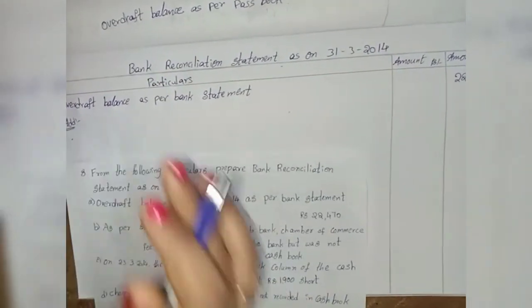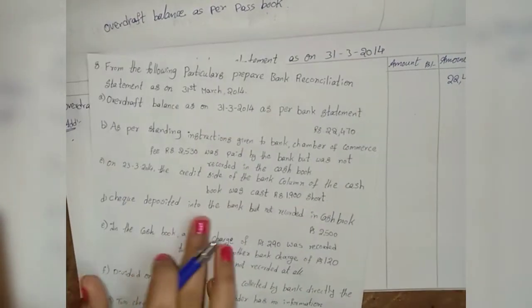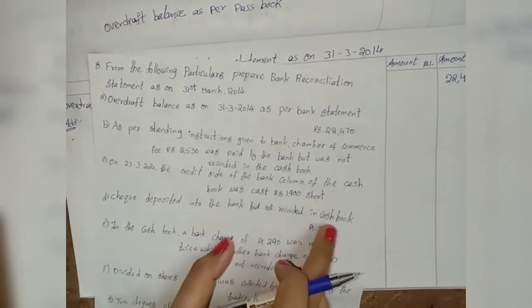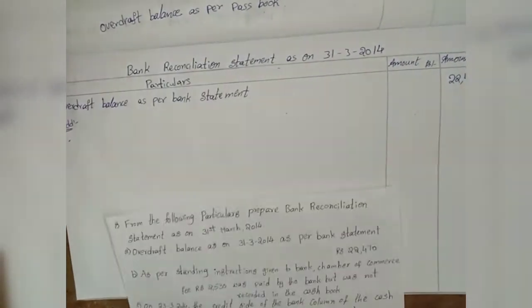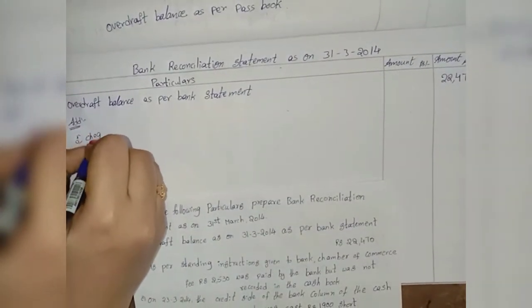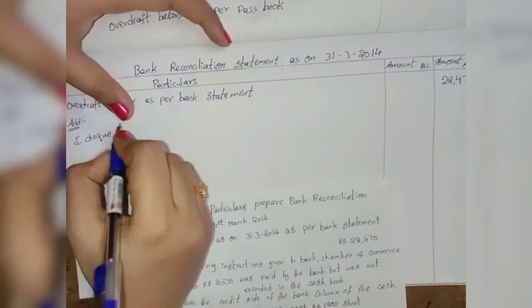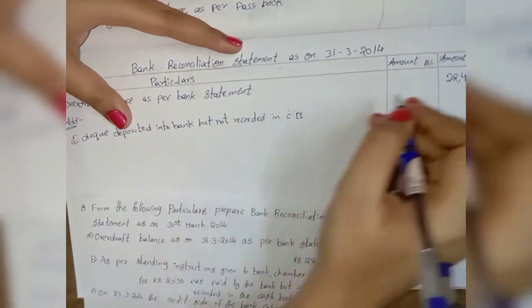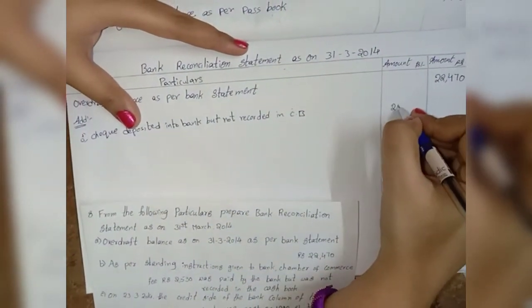Here we have to add cheques deposited into the bank but not recorded in the cash book, and the amount is 2,500. And next one.